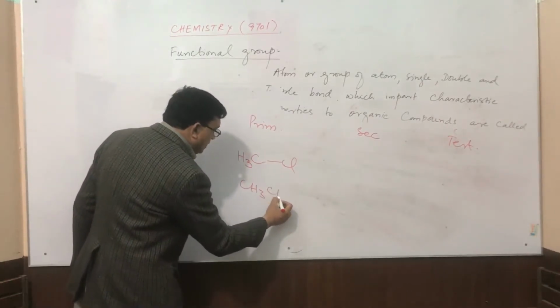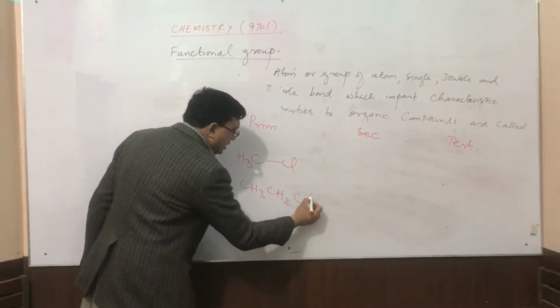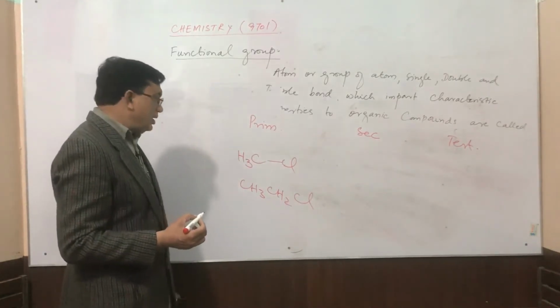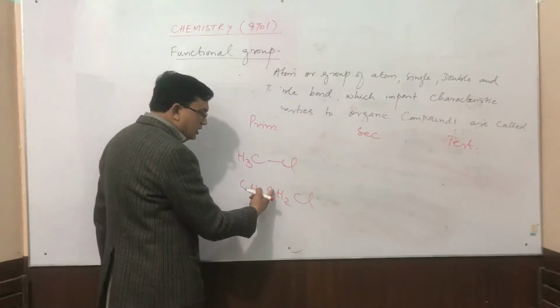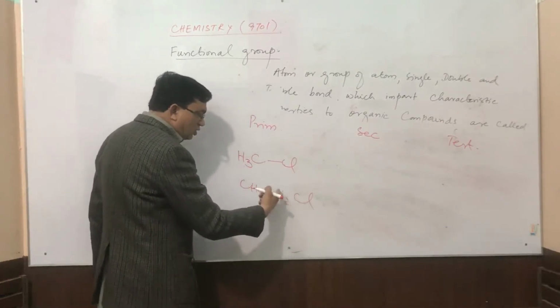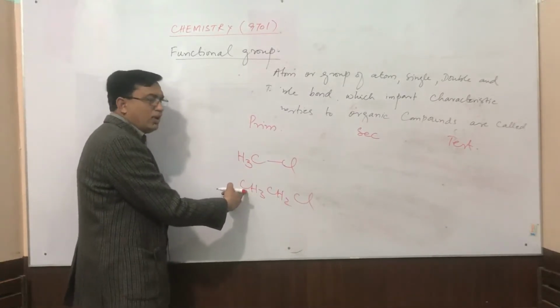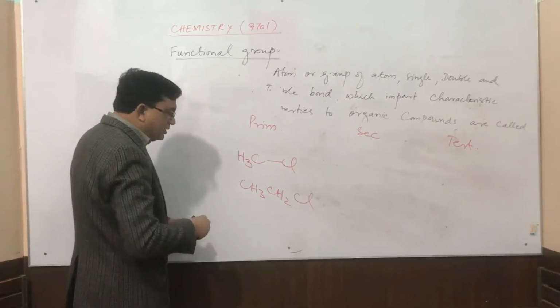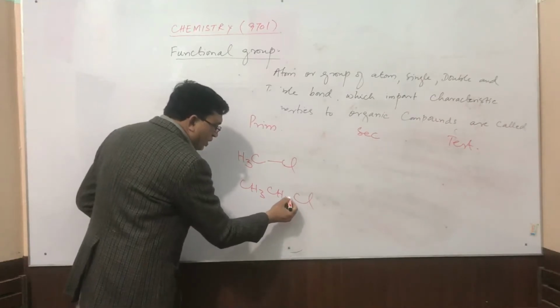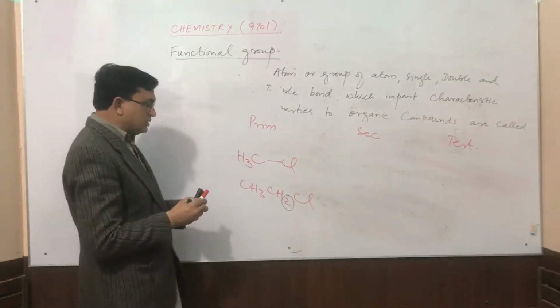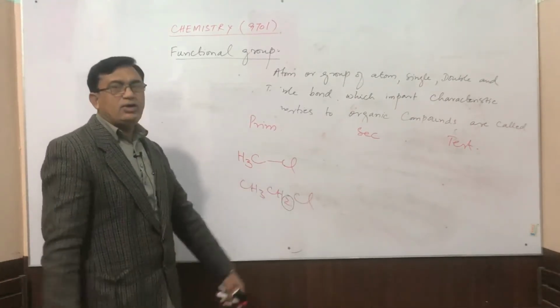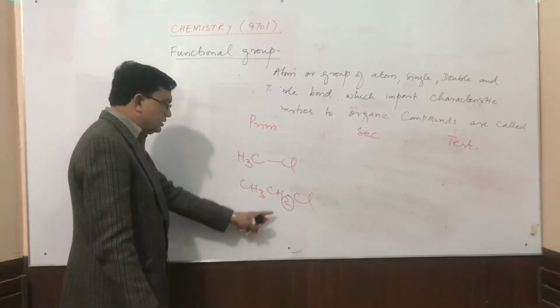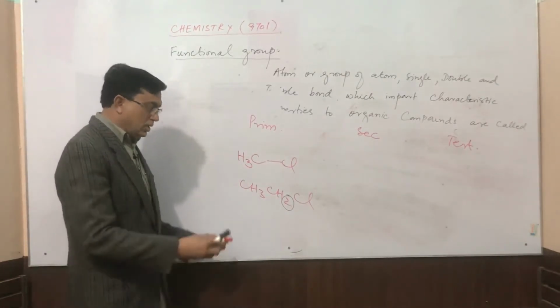Now CH3, CH2, Cl, this is also a primary halogenoalkane because this carbon atom is containing halogen group and this is attached with only one carbon atom, and 2 hydrogen atoms are still present. These 2 hydrogen atoms are still present with that carbon containing halogen group as a functional group. This is also called as a primary halogenoalkane.